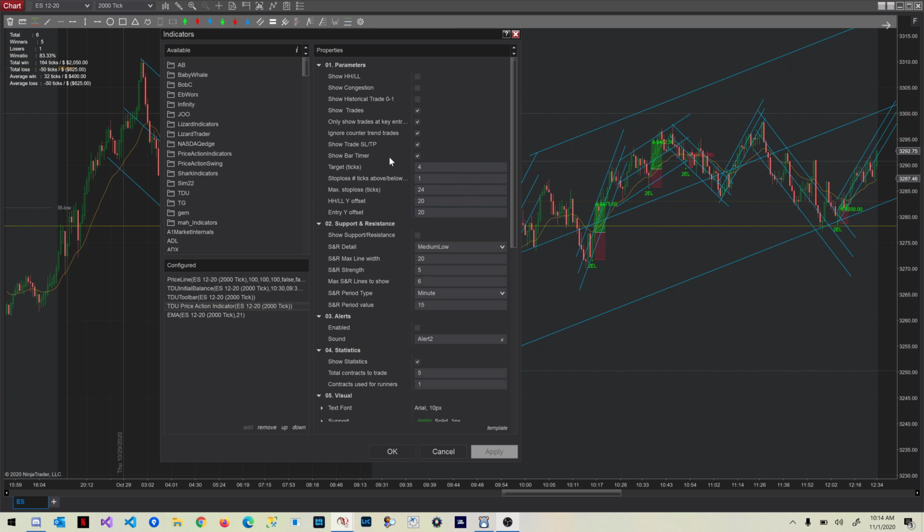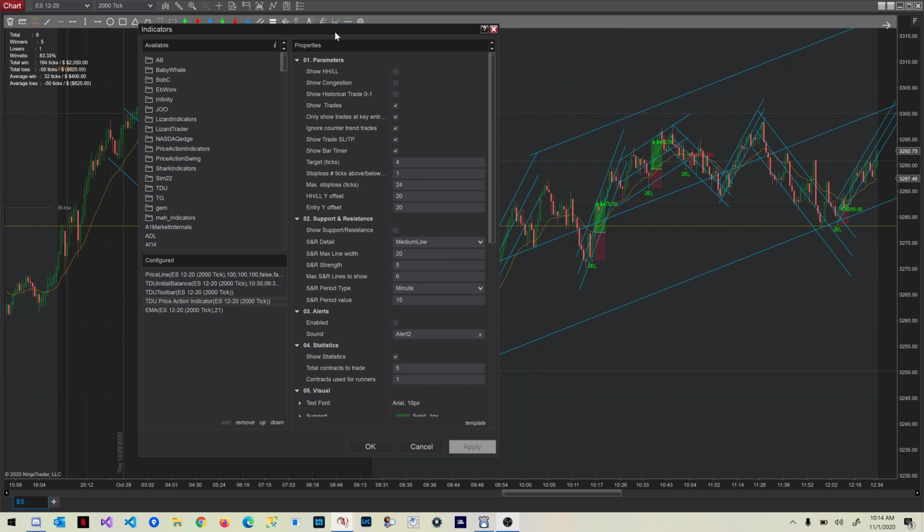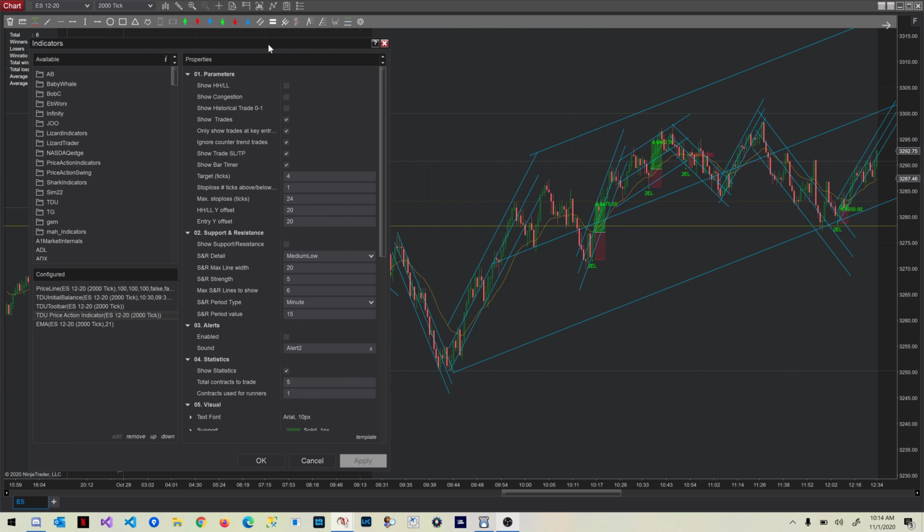Another thing I added is to ignore counter trend trades. Basically what Mac always tells us is you should trade with the trend and not against it. We are not reversal traders, he always says. So that means that if you have drawn a trend channel up like here, it starts at the low and it ends at the top. In this area we're only looking for long trades, we are not looking for short trades.